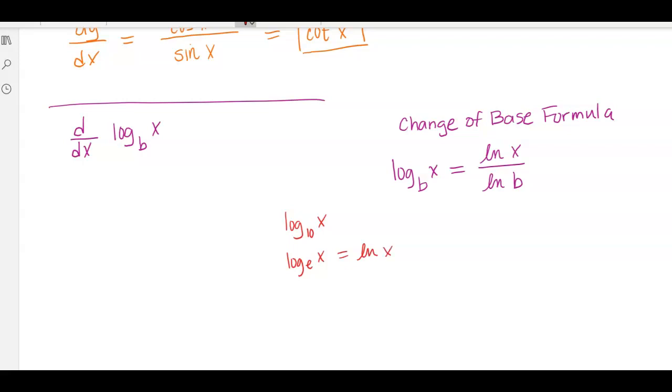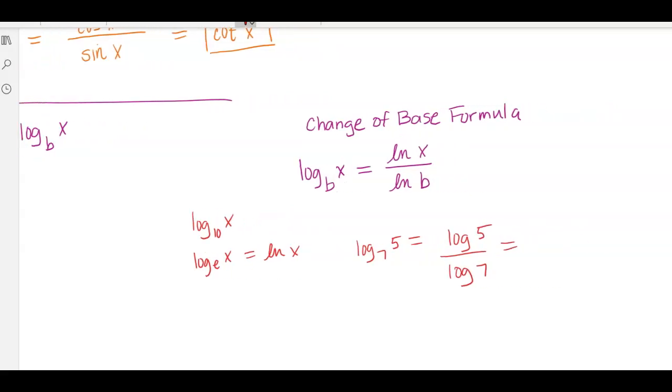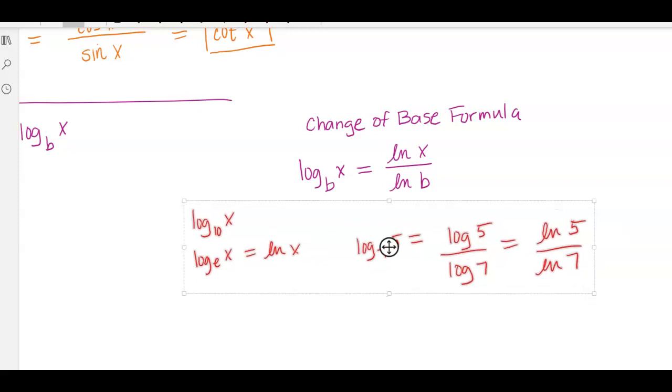And so if we were given a problem with, say, log base 7, we would rewrite it as log of 5 over log of 7, or natural log of 5 over natural log of 7. As long as the base was the same, we could write it in this ratio, and then we could enter it into a calculator. But for our purposes, we're going to use this change of base formula for the proof.